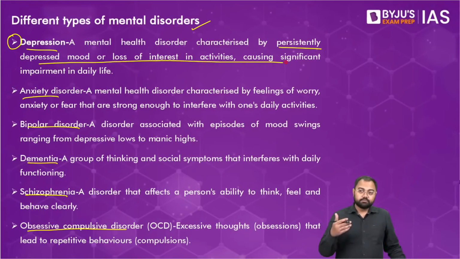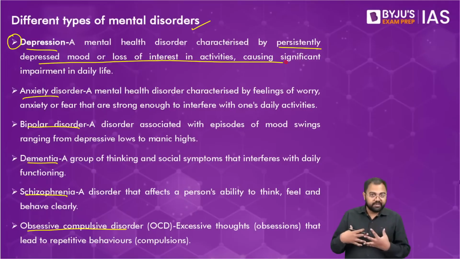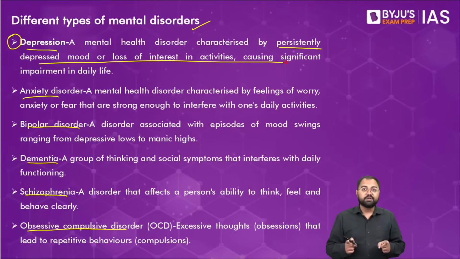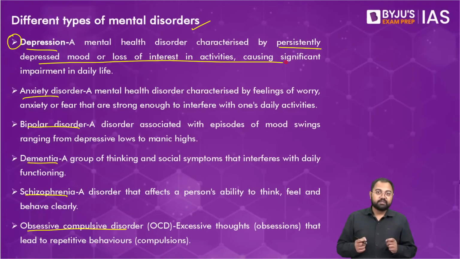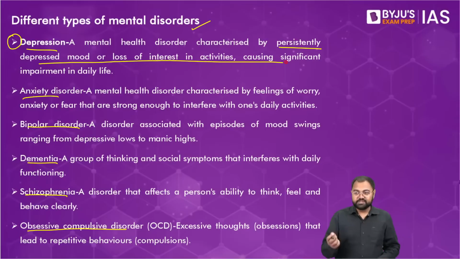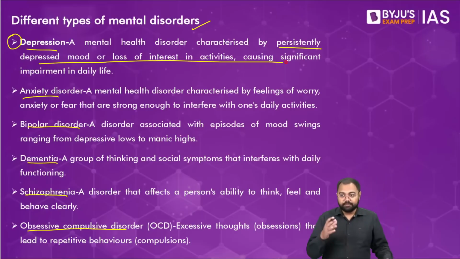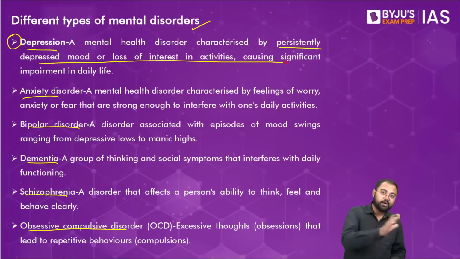So it's not only about the person who is suffering to understand that what they're suffering from is depression, but it's also at the same time important for the people around to understand that it's not just sadness, but it is depression. That the person near me, my friend, my family member, is actually suffering from depression, and there is some role for me also to play to make sure that person can come out of that state.